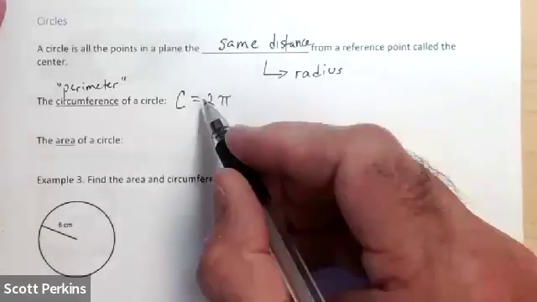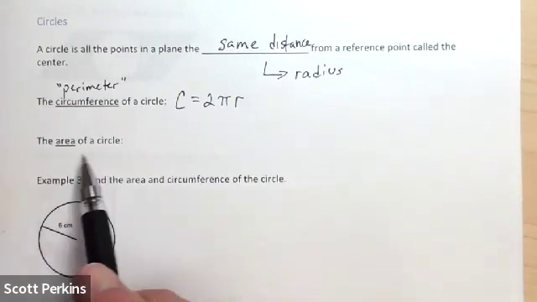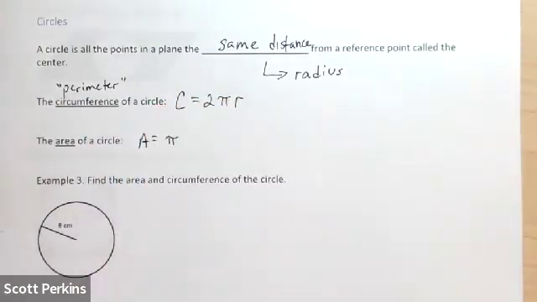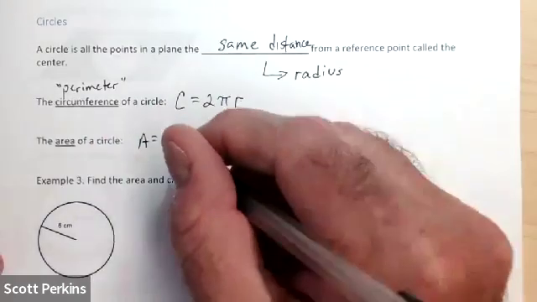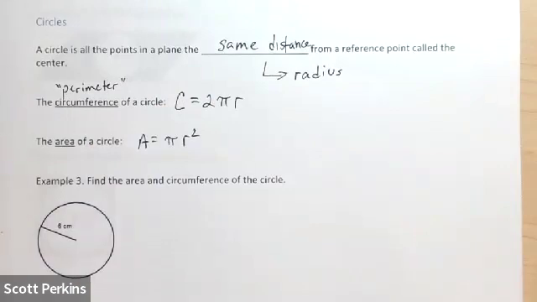So it's 2 times pi times the radius of the circle. The area, the inside region of a circle, is that number pi that is derived from and kind of unique to circles, and it's pi times the radius, but this time squared, so radius times itself.